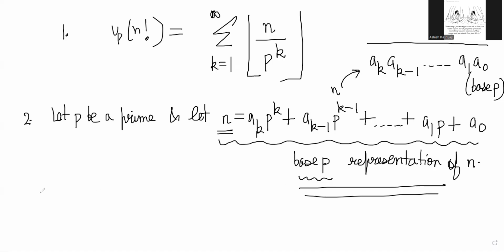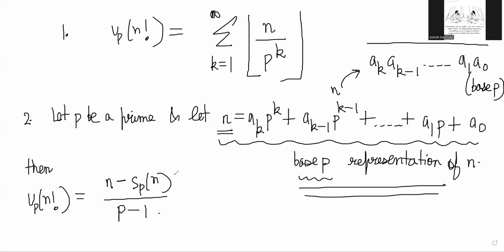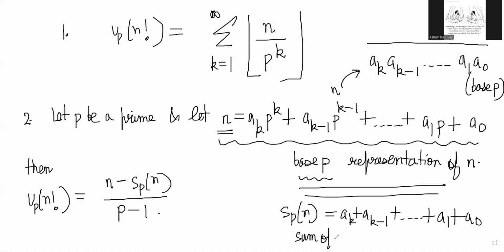Then what we can say is Vp of n factorial can also be written as n minus s of p of n divided by p minus 1, where s of p of n is ak plus ak minus 1 plus a1 plus a0, or the sum of the digits of n in base p.